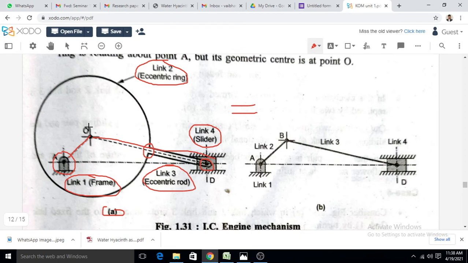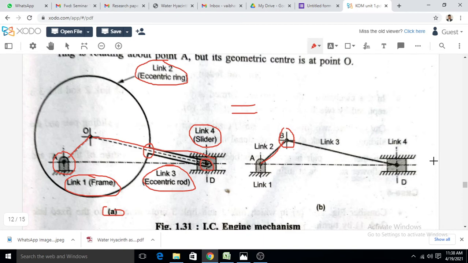The geometric center here is O, and if we consider these two images, here the point O is here the point B. This geometric center of the eccentric ring is the center of the revolute pair, and this link 2 is a revolute pair, meaning it completes one revolution about the point A. So this whole mechanism is equivalent to the IC engine mechanism, having AB as a crank and BC as a connecting rod.